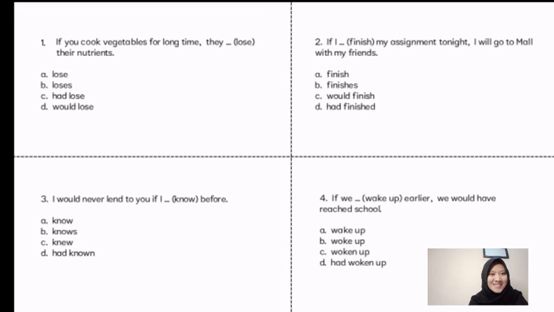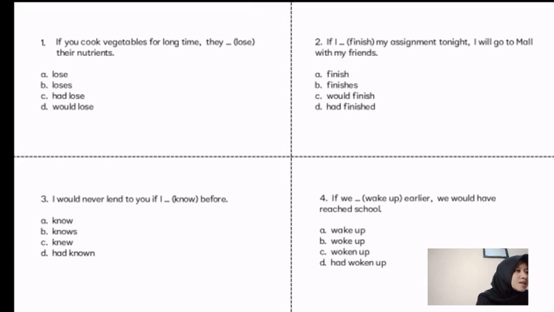Okay, do you understand? I hope you understand. And then the fourth one is if we blah blah blah earlier, we would have reached school. The first step is we must look at the main clause, that is we would have reached school. It means that this is conditional sentence type 3. Why?